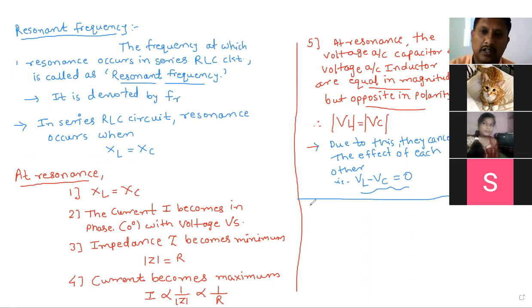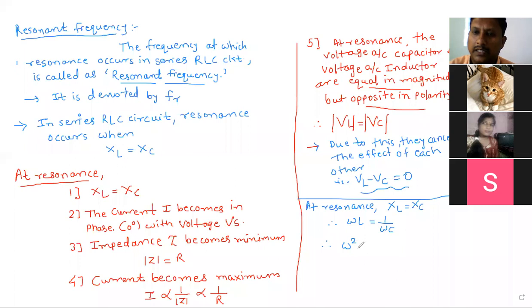Now next, a small derivation. At resonance, XL is equal to XC. XL means omega L, and XC means 1 upon omega C. Take omega to the left-hand side and L to the right-hand side.